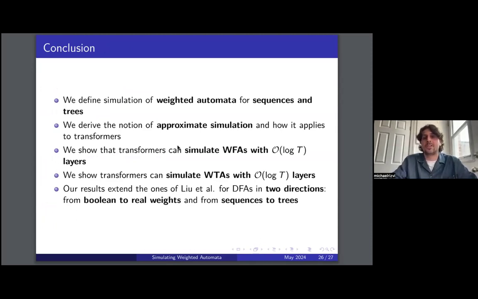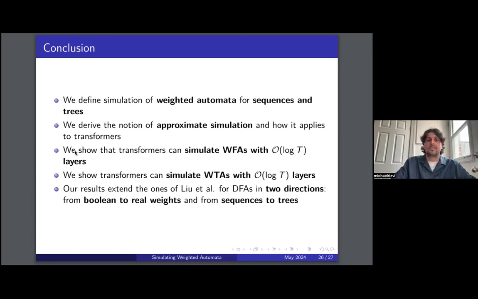I guess the big scope of this work is that we define the notion of simulation for weighted automata for both sequences and trees. This is the main contribution: not only do we prove these theorems, but we also adapt this definition of simulation to two new contexts, which are real weighted automata that compute functions, and automata that compute functions over trees.